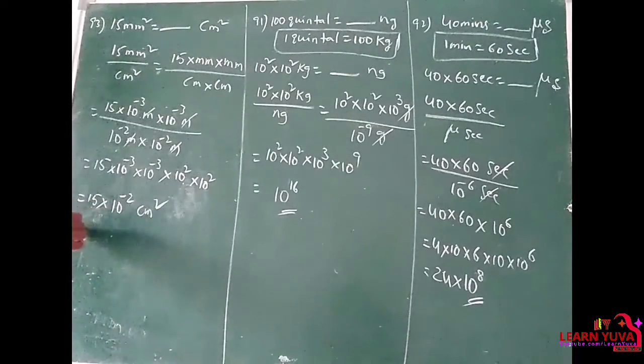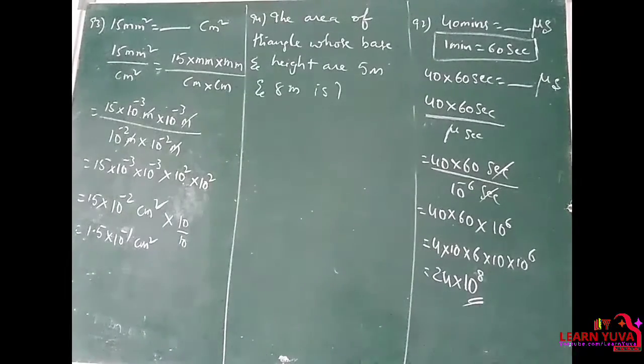Okay, so this can be written as 1.5 into 10 power minus 2 centimeter square, 10 power minus 1. So into 10, 10 by 10. Okay, 1.5 into 10 power minus 1 centimeter square.